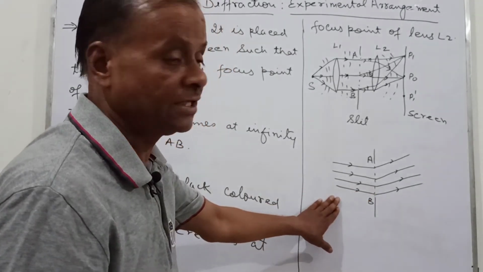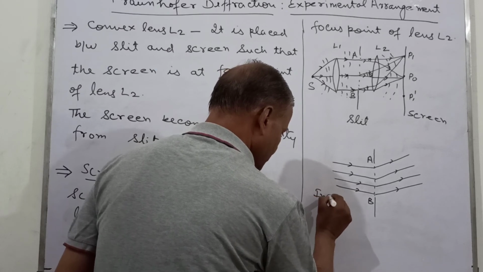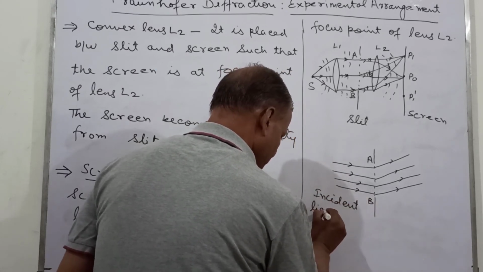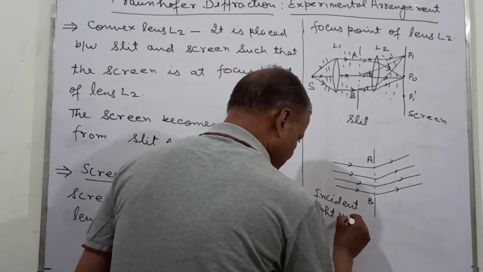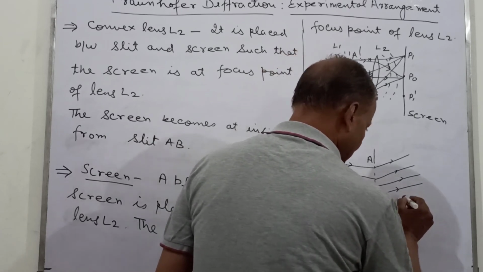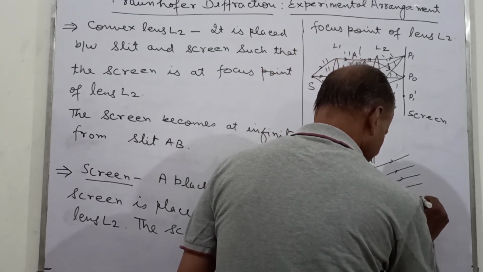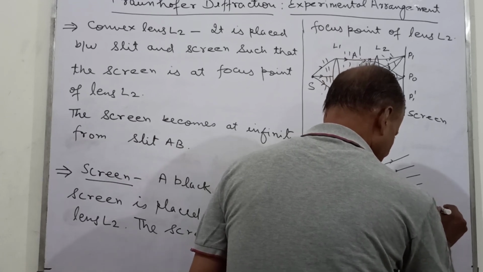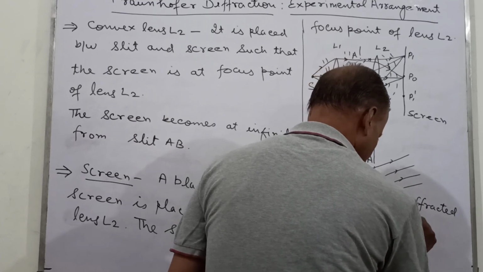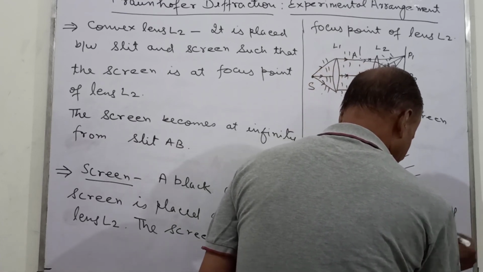These are the incident light waves and these are the diffracted light waves.